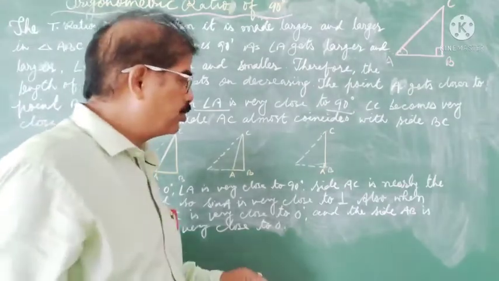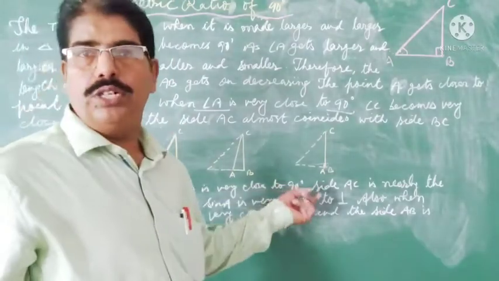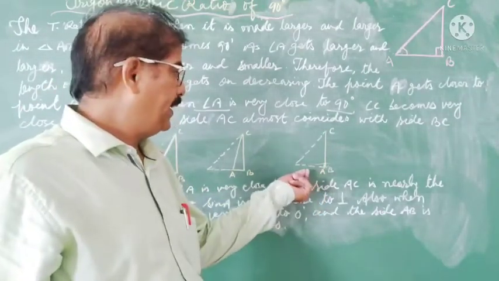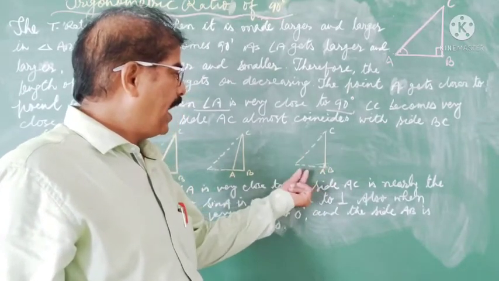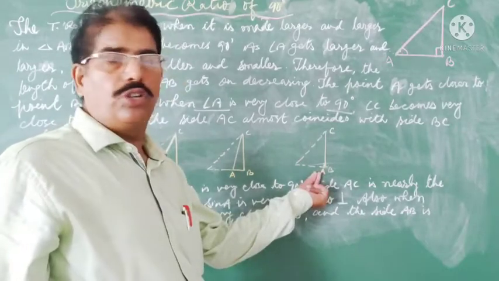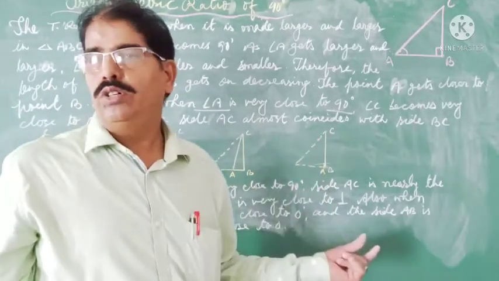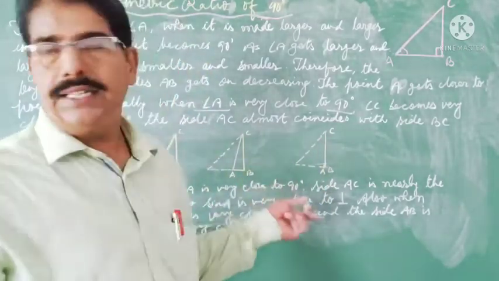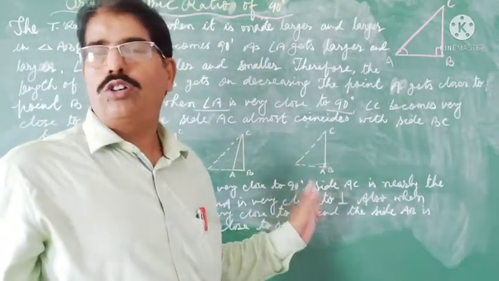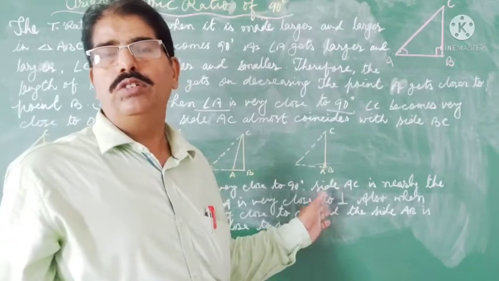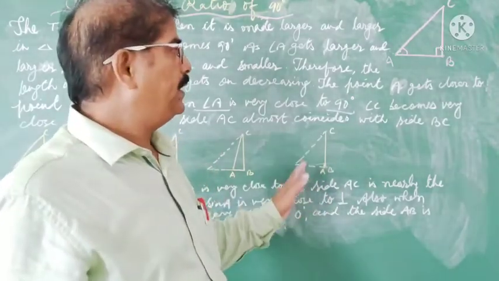So cos A is very close to 0, because cos A is equal to B by H, that means AB by AC, and AB is 0, so 0 by AC is equal to 0. So sin 90 degree is equal to 1 and cos 90 degree is equal to 0.